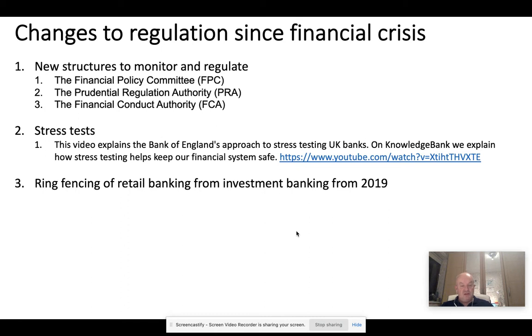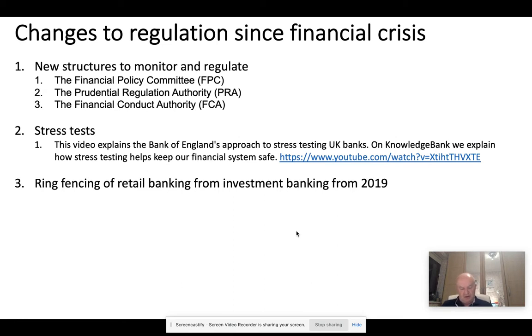The other major change was a separation, based on the fact that prior to the financial crisis, investment banks and the retail operations of banks were basically all part of one.